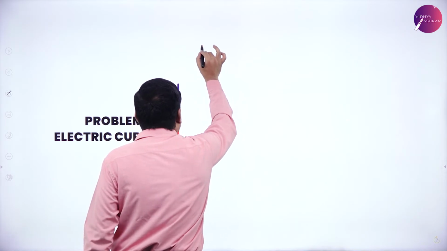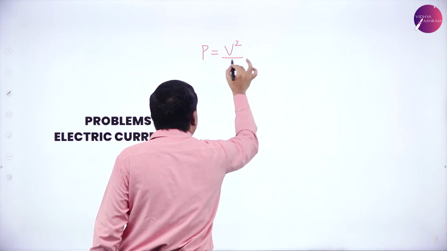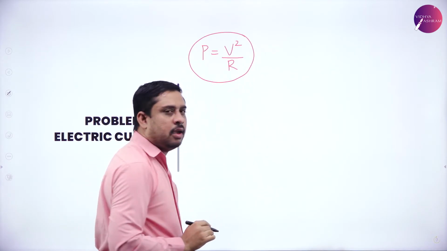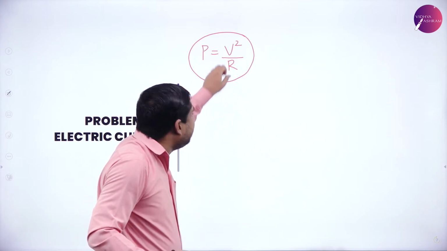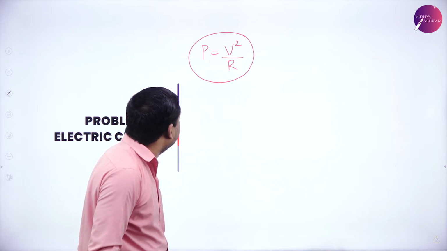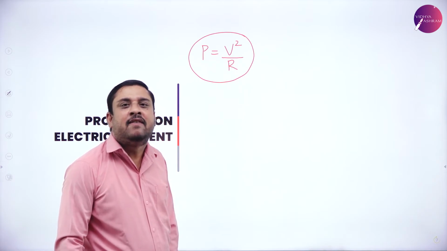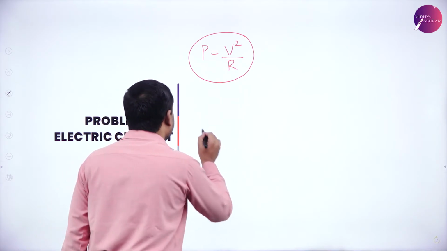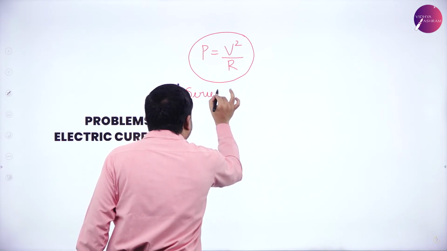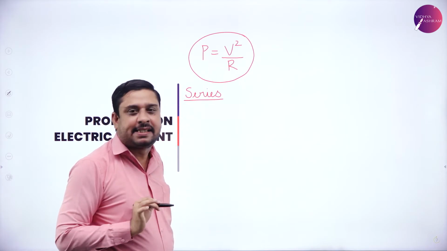So we know P equals V square by R. So the basic equation I am using here is P equals V square divided by R. First, the resistors are connected in series.